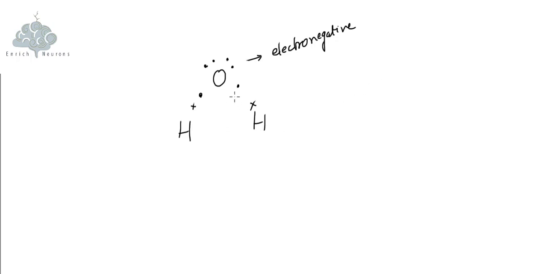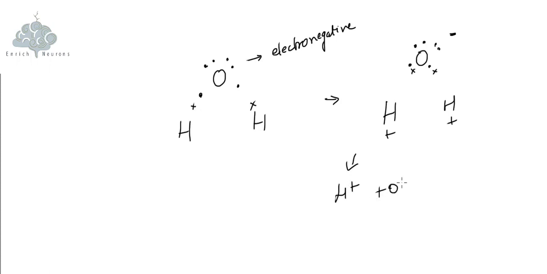Because the electrons move towards it, the oxygen gains a negative charge, and the hydrogens gain a positive charge, and therefore they separate in the form of H plus and OH minus. So this is also an example. All polar molecules separate because of electronegativity.